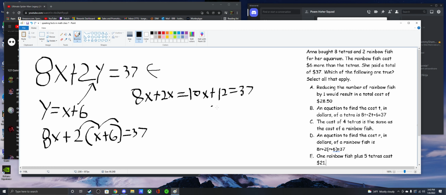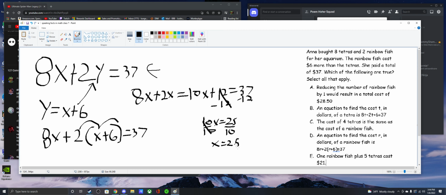Now we can solve for x, so we subtract 12 on both sides. This cancels out. Minus 12 here. We get 10x equals 25. Divide by 10. Cancels out. That leaves us with x equals 2.5.